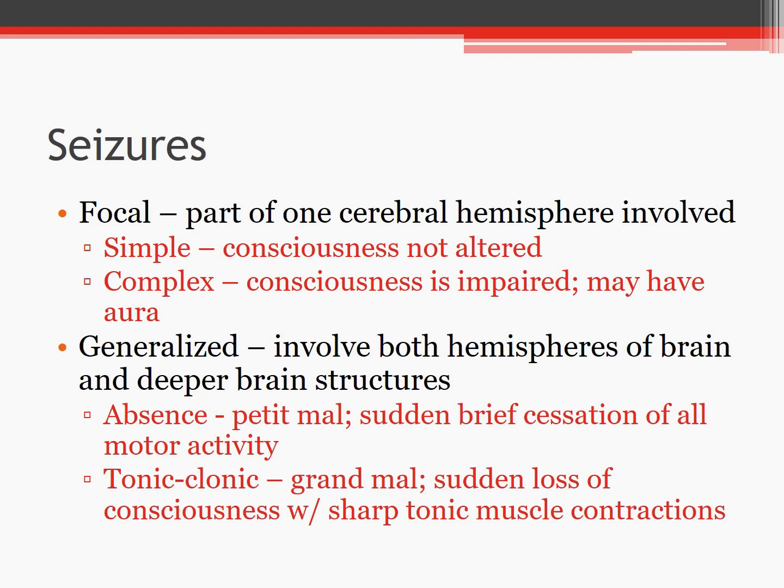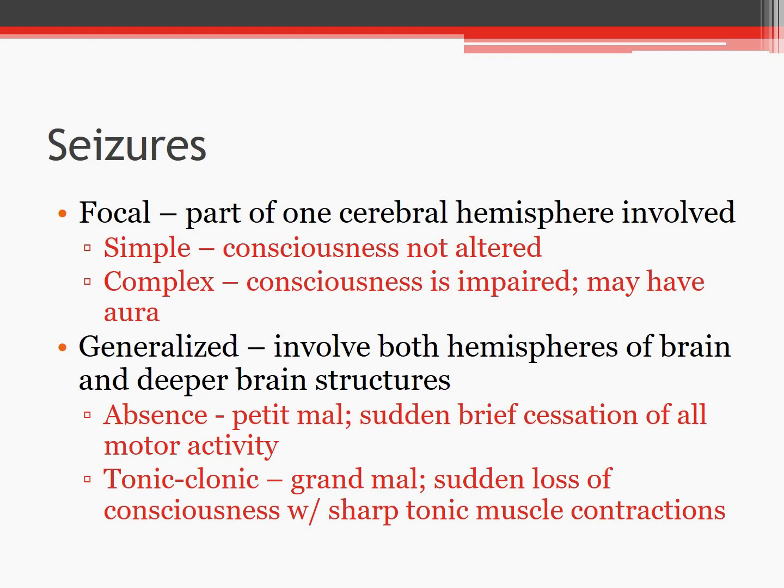A simple seizure is a seizure in which there is no impairment of consciousness, so there's no altered level of consciousness. In a complex focal seizure, consciousness is impaired, and they may have an aura, but there is not loss of consciousness.